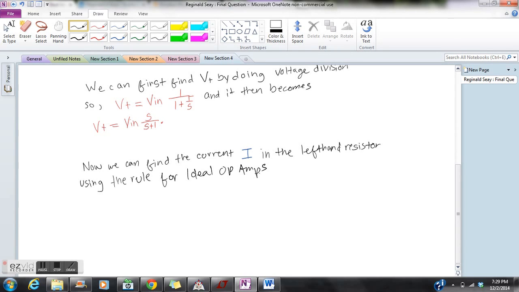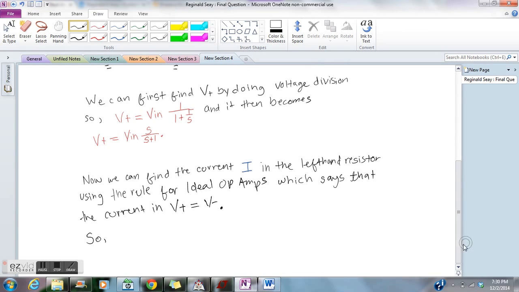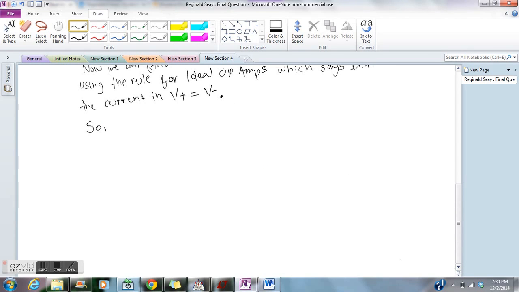That's just saying that the current going into V plus is equal to that of V minus. Okay, so that's just a little bit of circuits background in case any of you haven't taken circuits. I didn't want you to wonder where that number came from, or how I found I. Well, this is how I found I.